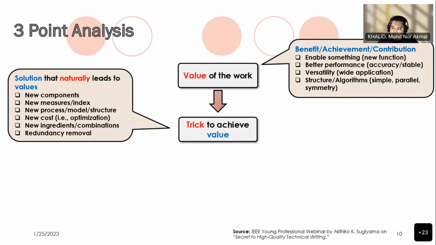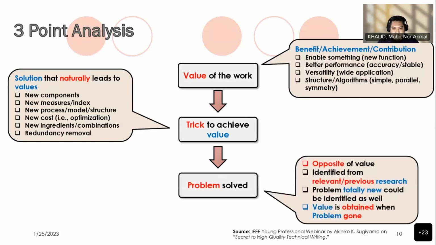For example, you're optimizing a certain part of the process of the algorithm, you are introducing a new kind of measure or index within the algorithm, or you try to reduce the redundancy, remove the redundancy from the algorithm. So these are the tricks for how you can actually get the value from your work.